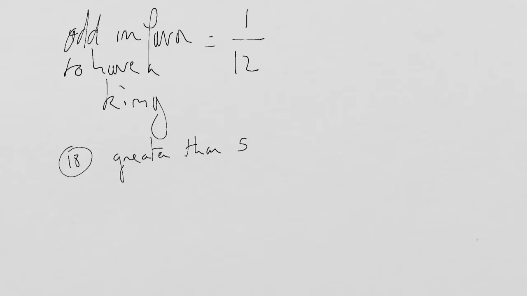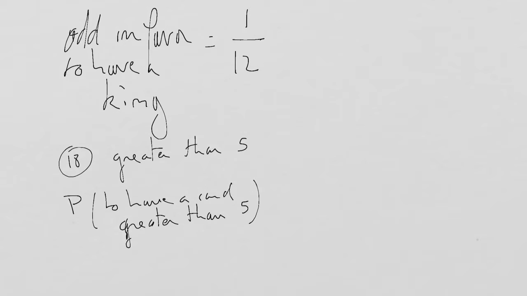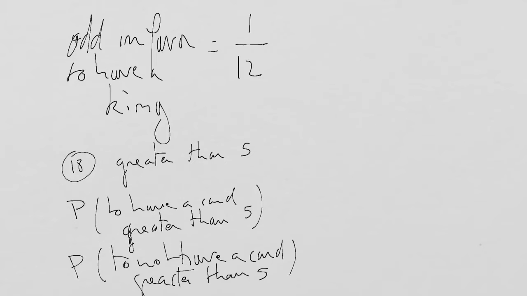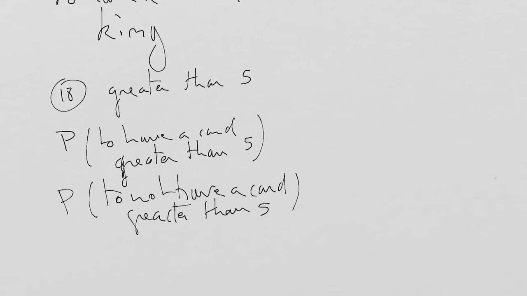To calculate the odds against and the odds in favor, I need to know the probability to have a card greater than 5 and the probability to not have a card greater than 5.